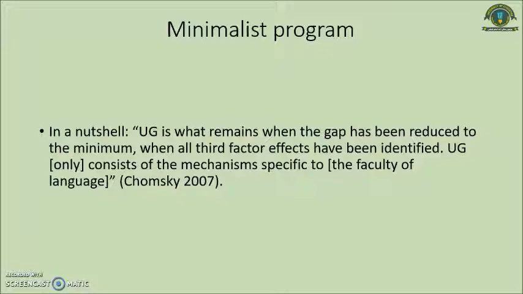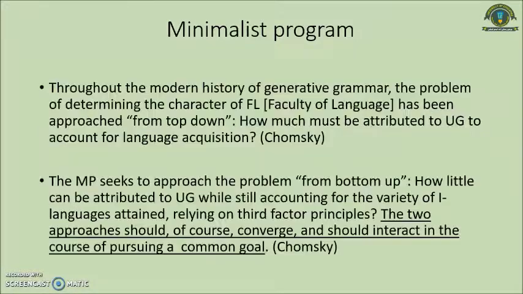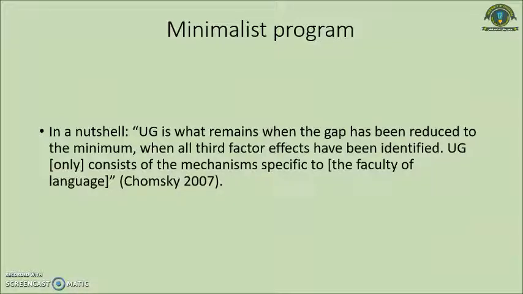Here it means, in the previous discussion, Chomsky was saying that we should have a top-down approach and then a bottom-up approach. So in this way, in which both approaches complement each other, what should be done? Universal grammar should fill the gaps.